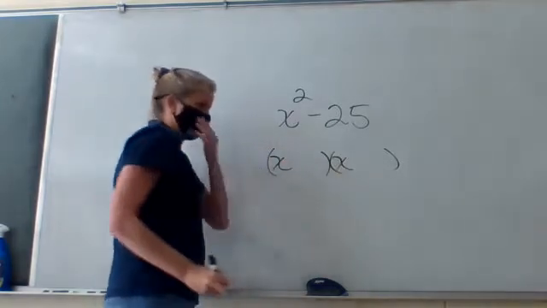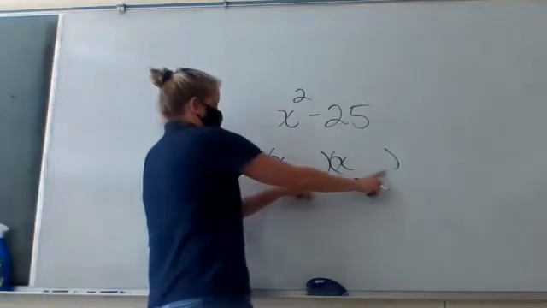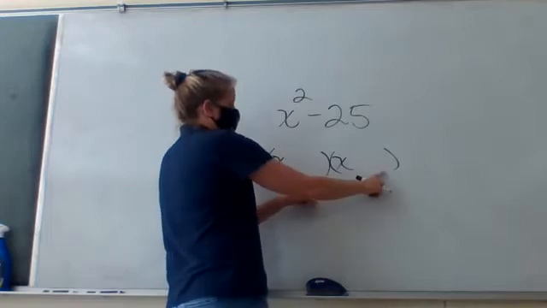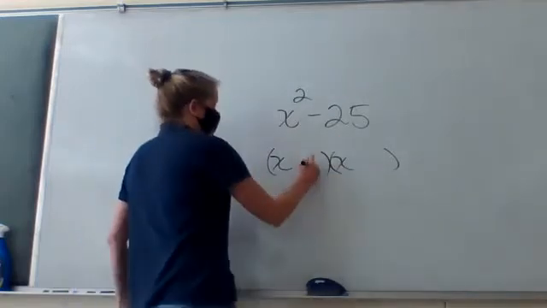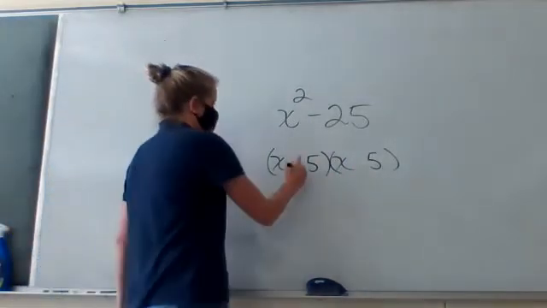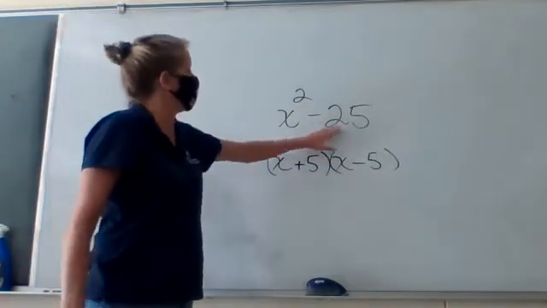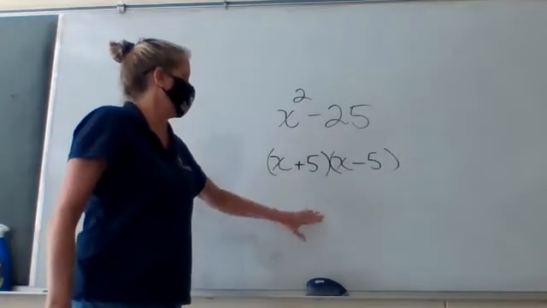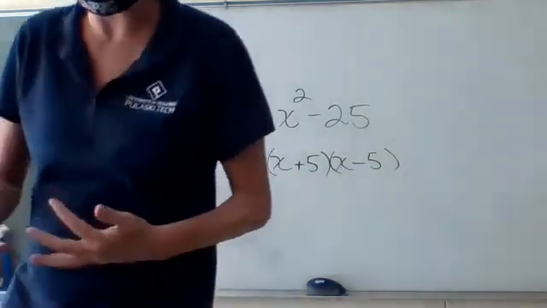So that's x and x. These last two terms have to be the same number, and they have to multiply to 25. That's what makes it a perfect square, so I have 5 and 5. When you're factoring a difference of perfect squares, you have 1 plus and 1 minus. So x squared minus 25 in its factored form is x plus 5, x minus 5.